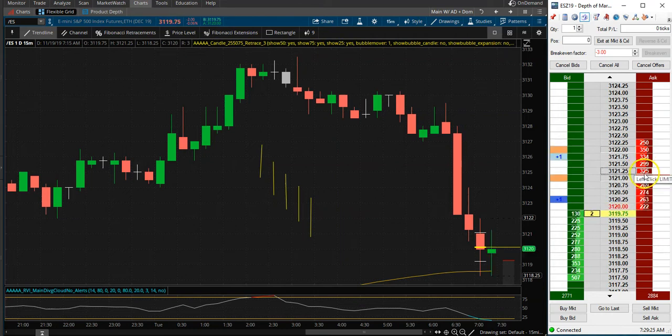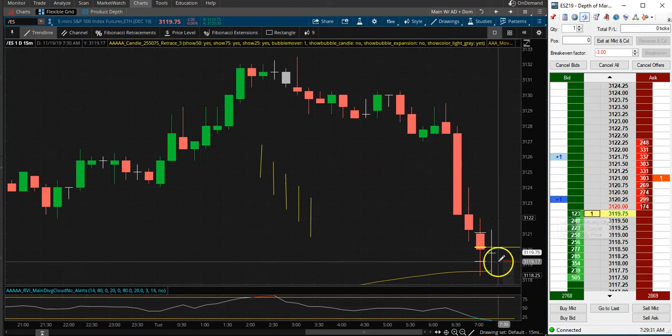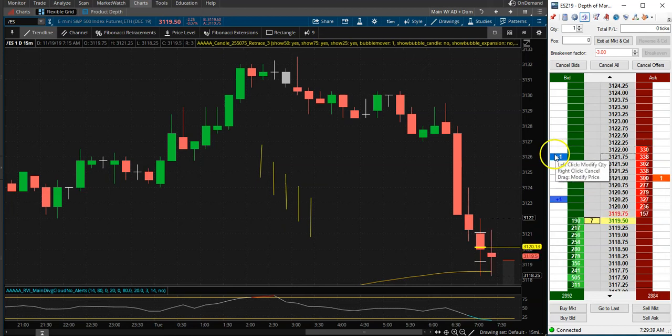So here's your resistance just reading the tape. And I'm going to look for probably a couple ticks, and my stop will go 2 ticks above this 21.25, so 21.75. So I'm literally risking 3 ticks to make 3 ticks on this trade.